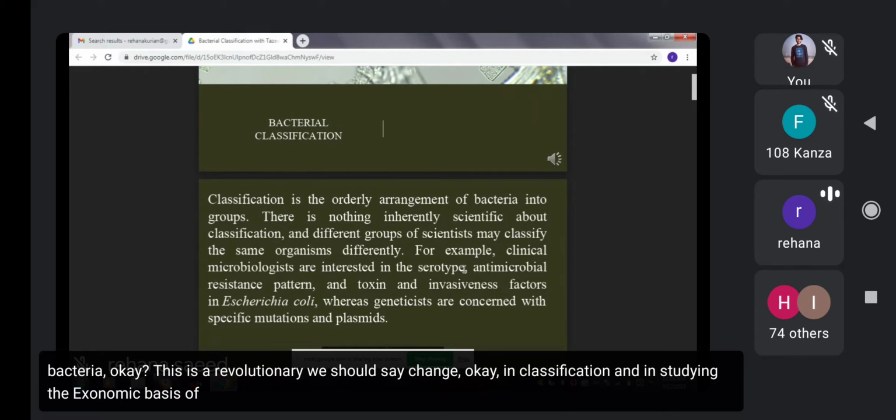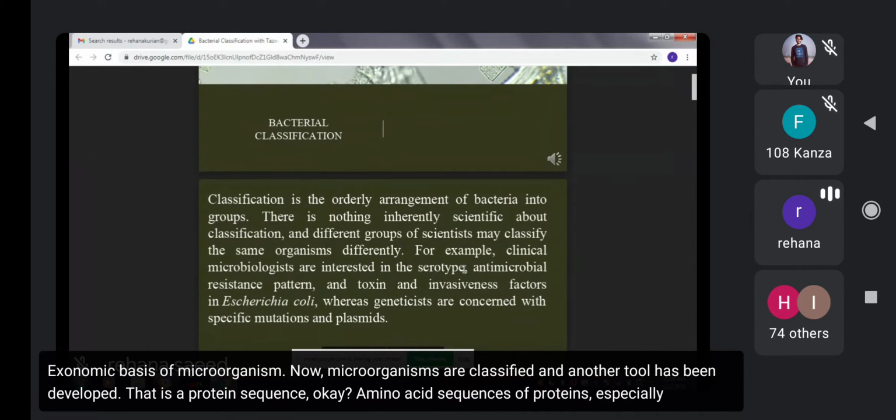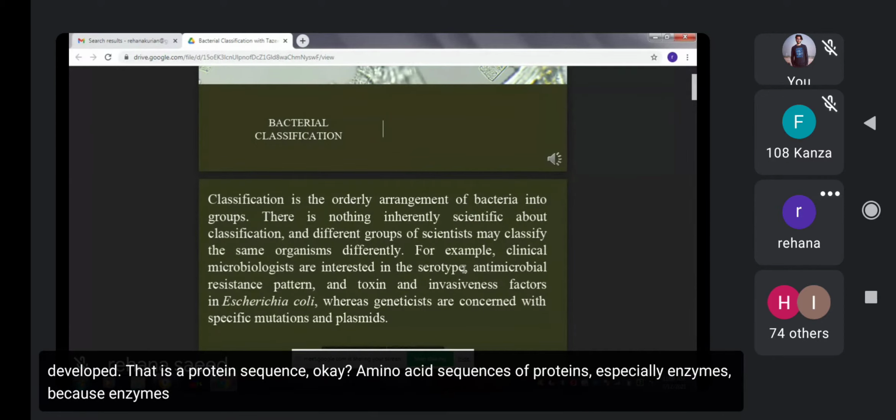Now microorganisms are classified, and another tool has been developed, that is protein sequence, amino acid sequences of proteins, especially enzymes, because enzymes are actually the survival tool.